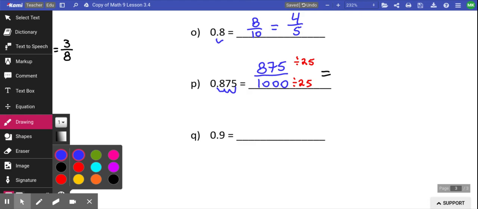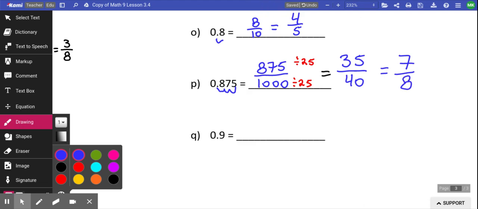You're probably just going to have to skip count or do the money trick, $8.75. So if I have $8.75, 8 times 4, 8, 16, 24 is 32, plus 3 more quarters is 35. That is a lot of quarters. Divided by 40. 35 and 40 both divide by 5 to become 7/8.